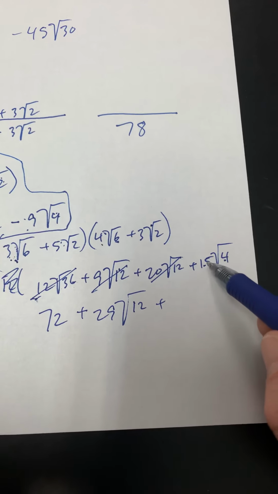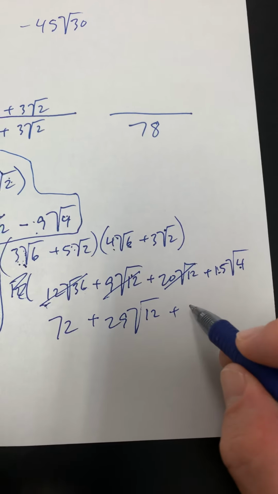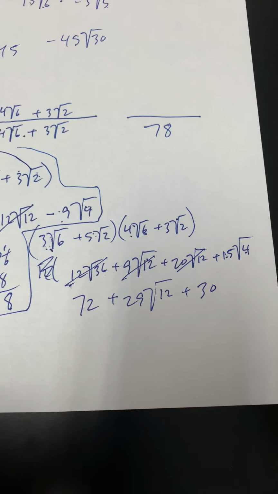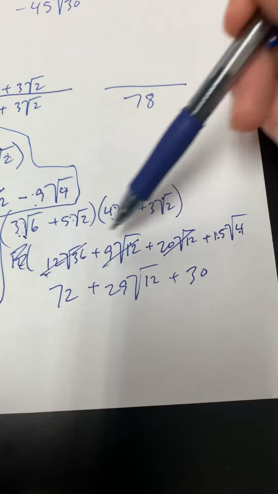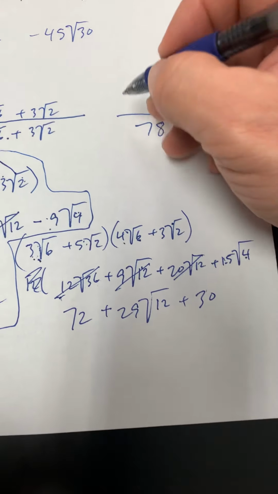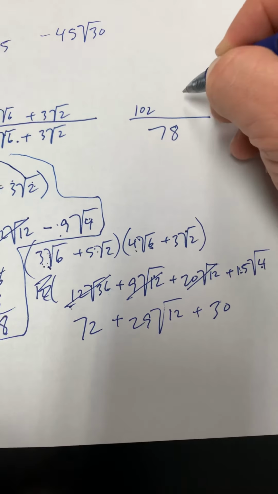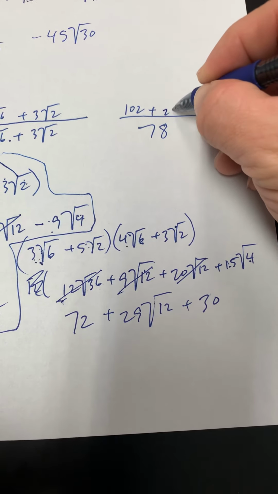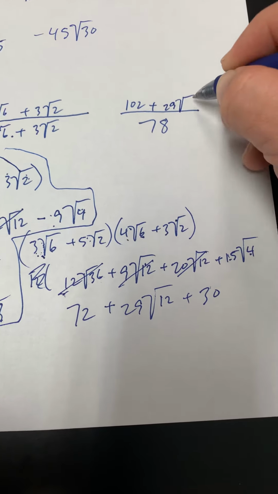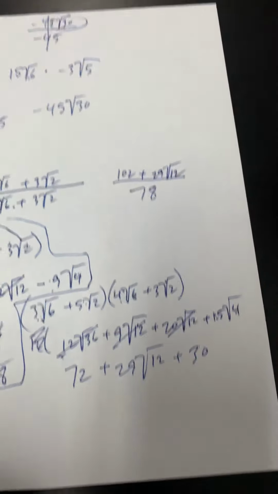So 2 times 15 is 30. All right, so 72 plus 30 gives me 102 plus 29 times the square root of 12. Okay.